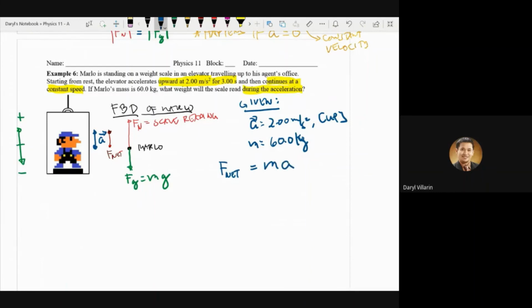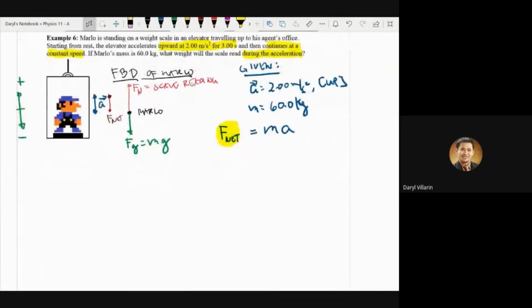I set moving upward as positive. This is the sum of the forces, so let me expand it, and make sure that you follow this format. There are two forces acting on the object, so I'm going to sum them up.